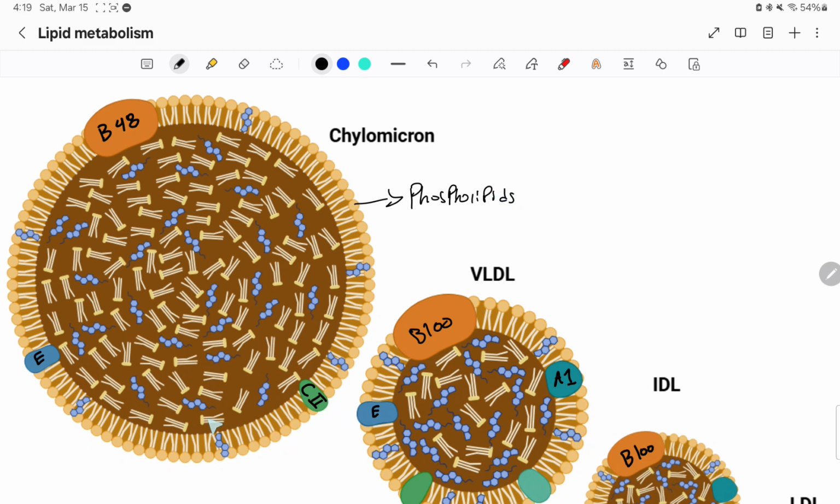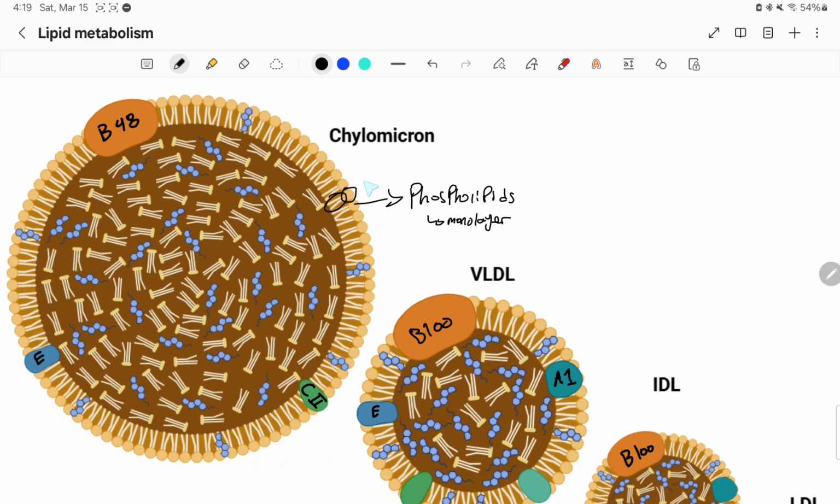Now, this might look like the same thing that you see in a cell membrane, but it's a little bit different in that the cell membrane is a lipid bilayer, whereas this right here is a phospholipid monolayer, okay? If you remember the structure of a phospholipid, you'll know that it has a polar hydrophilic head and a non-polar hydrophobic tail.